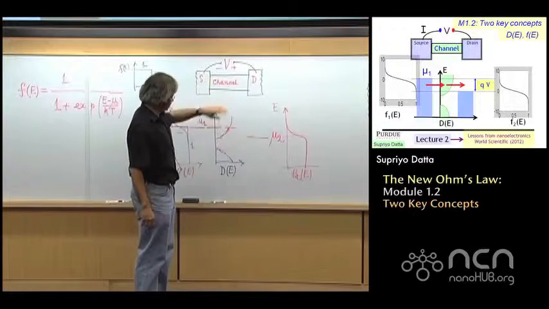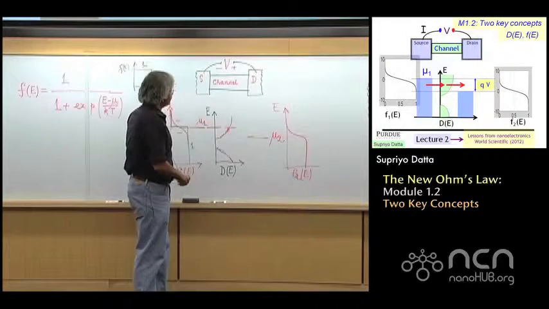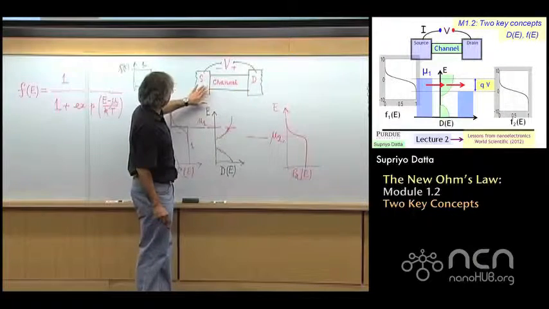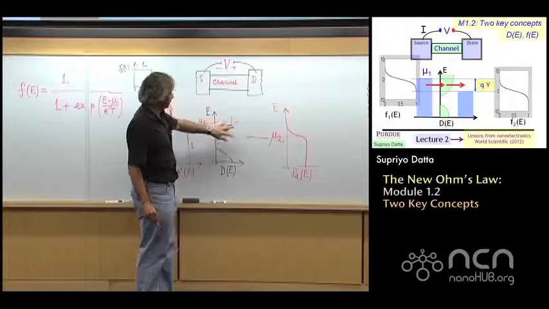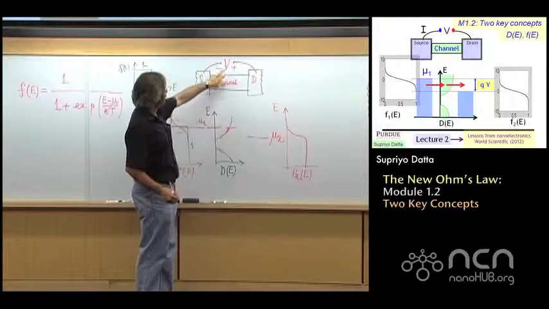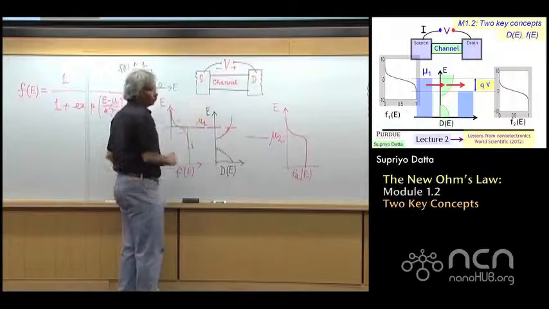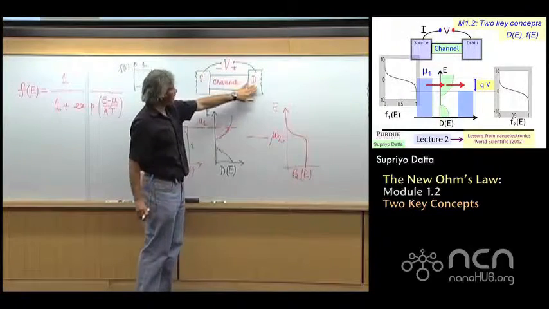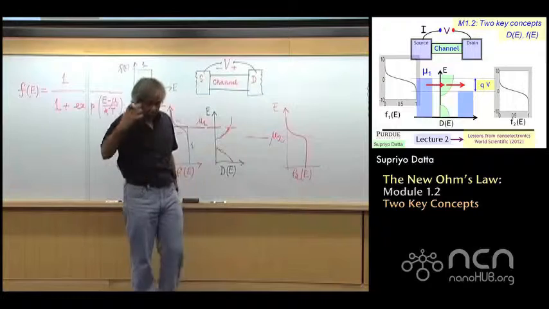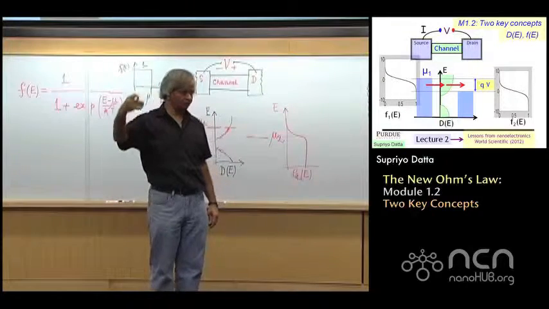When you apply a voltage, what happens is, everything in this contact is lowered with respect to that contact by an amount equal to this applied voltage. That is, if I apply 1 volt, then all the energies here are lowered by 1 electron volt.